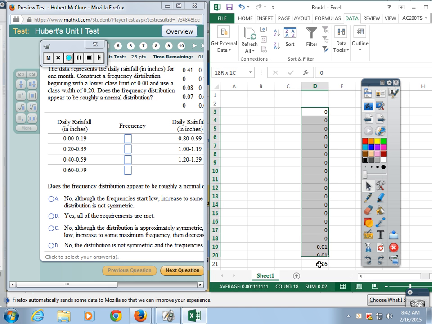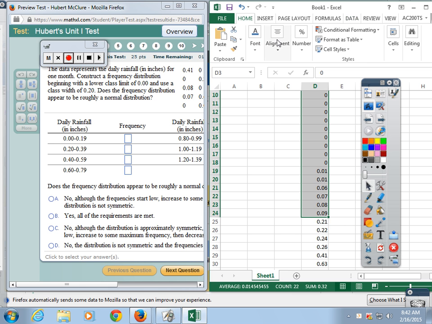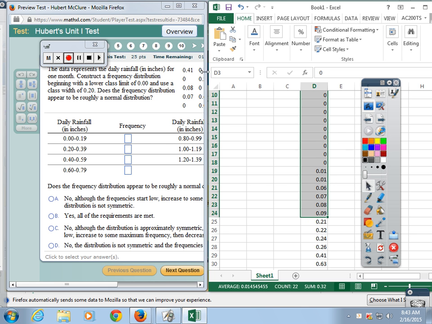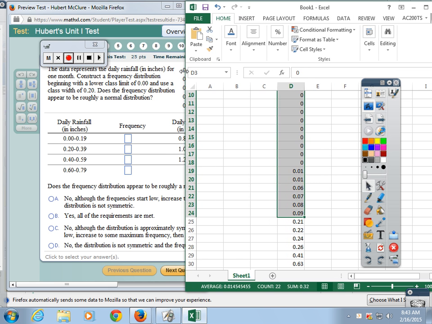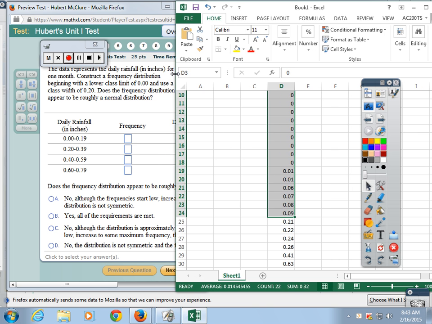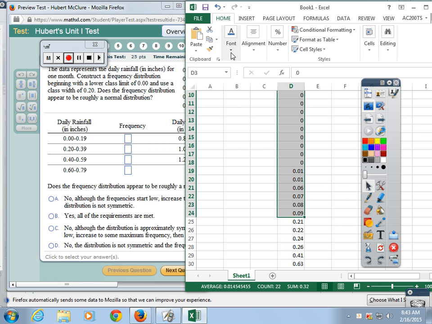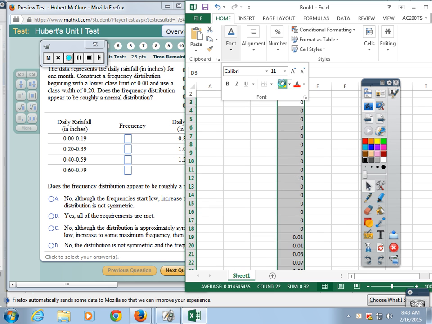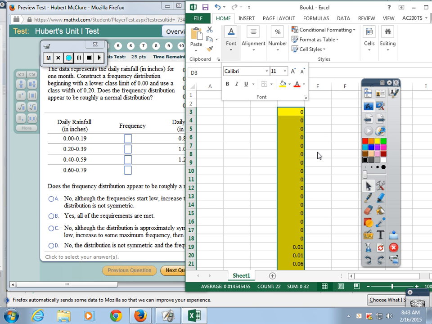So that'll be down, 19 would be right in there, so we'll color those yellow.